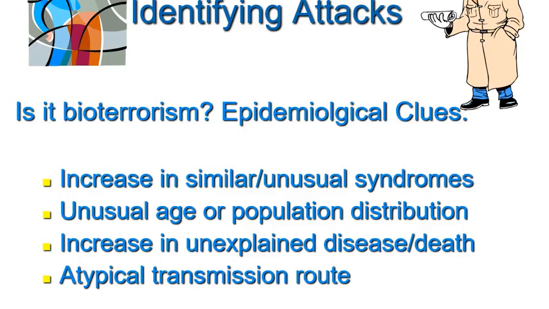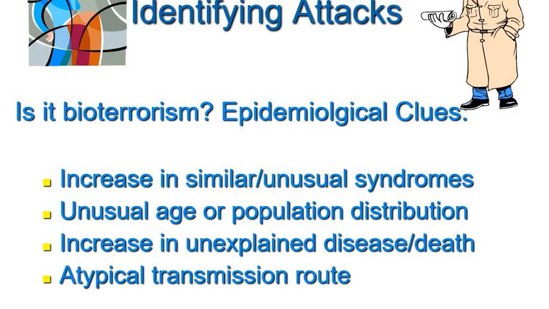It's seen primarily in children, and with the varicella vaccine it isn't really even seen that much anymore. But all of a sudden you've got a whole bunch of people presenting with chickenpox-like lesions. The red flag should start going off and say, could this be a smallpox bioterrorist attack?